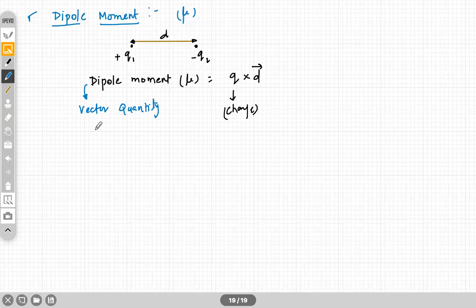The direction of this dipole moment is from positive to negative charge. Remember, in physics it is opposite. In physics it is negative to positive, but in chemistry we take it as positive to negative.